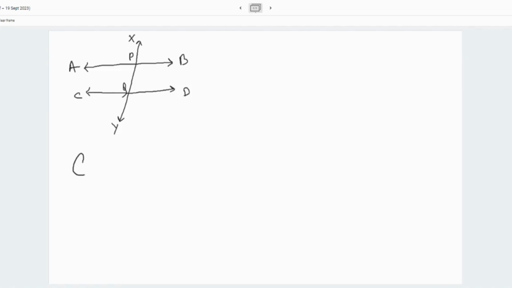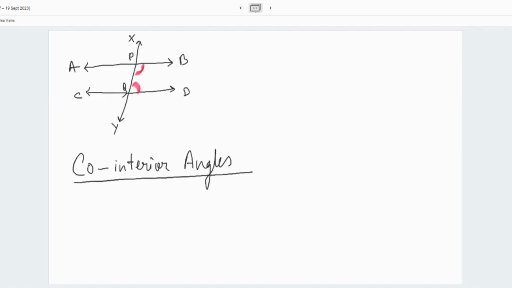Co-interior means, co means together, interior means inside. Two angles on the same side of the transversal, but inside the two parallel lines.